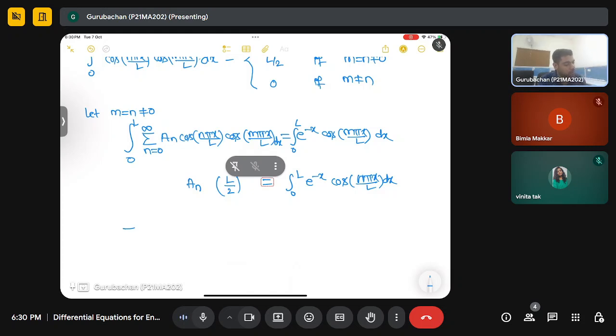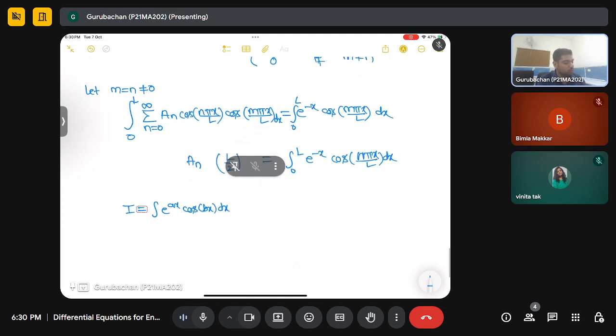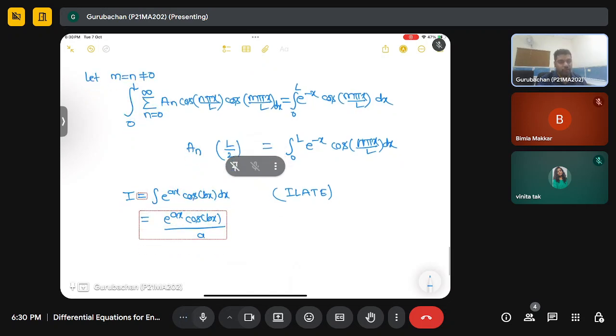So how can we calculate this? Suppose I is the integral of e to the power ax cos bx dx. So this will give you e to the power ax cos bx divided by a. I am applying the ILATE preference, you can say, for differentiation or integration. Trigonometric comes first, so that will be preferable for differentiation, and exponential will be preferable for integration.